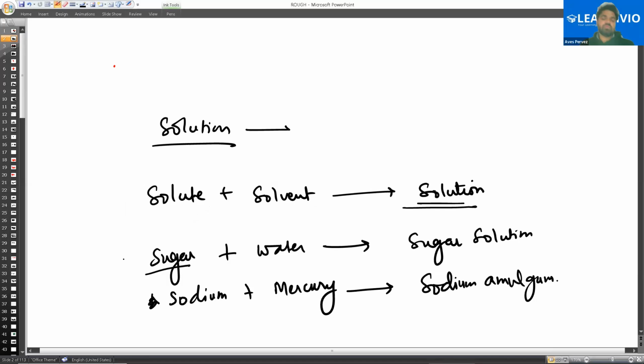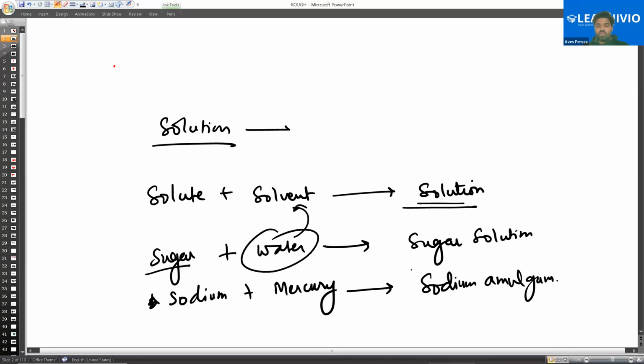In the first one, water is the solvent. And here, mercury is the solvent? No, actually, it depends. Solute and solvent depend on the state.